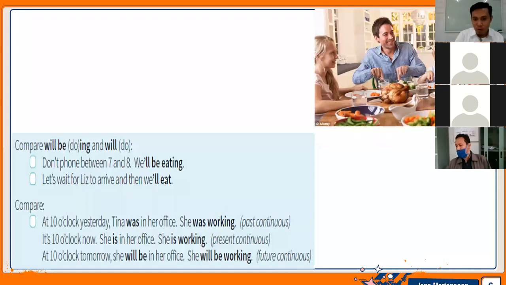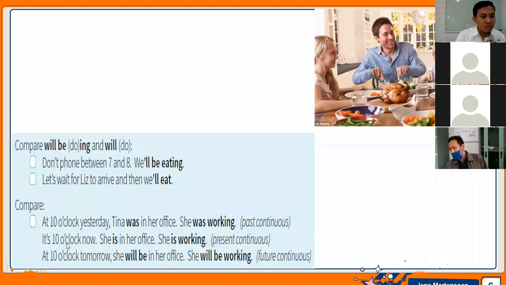So if you are wondering what the difference is between past continuous tense, present continuous tense, and future continuous tense, here I'm comparing them. At 10 o'clock yesterday, Tina was in her office, so she was working. This is past continuous tense.